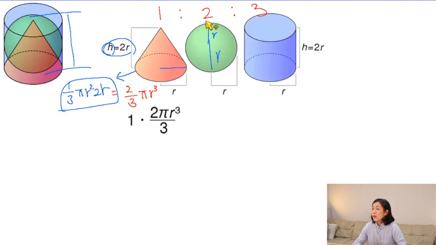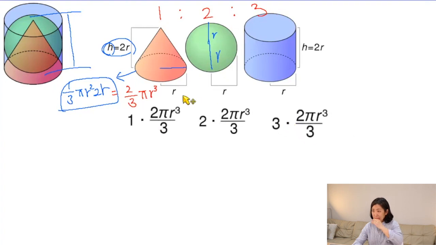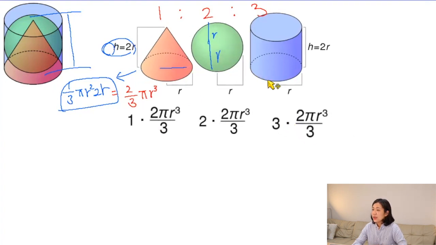Now what we notice is the sphere is just 2 lots of this 2/3 pi r cubed, so we just need to times 2. That will be 2 times 2/3 pi r cubed. And the cylinder is 3 times 2 pi r cubed over 3, right?